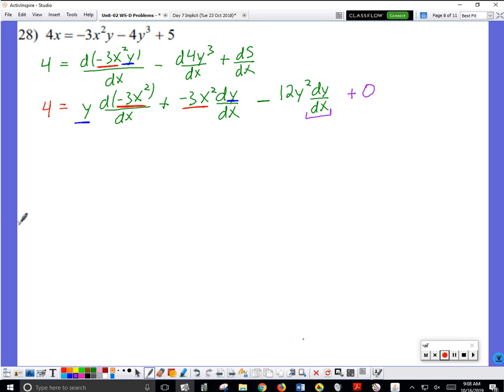Awesome. So we keep going. Let's see, we have 4 equals. This is just going to be negative 6x. Negative 6x multiplied by y will be negative 6 multiplied by x multiplied by y. We need to talk through that differently?